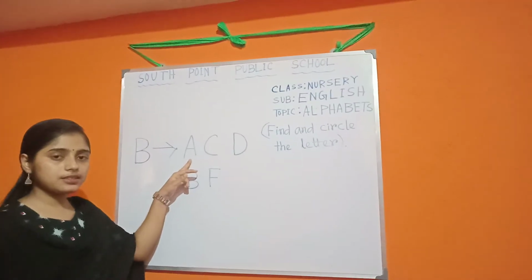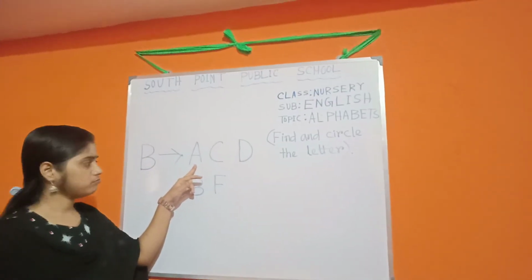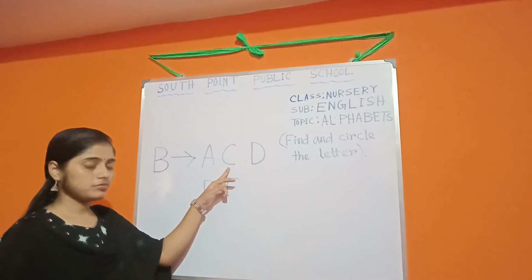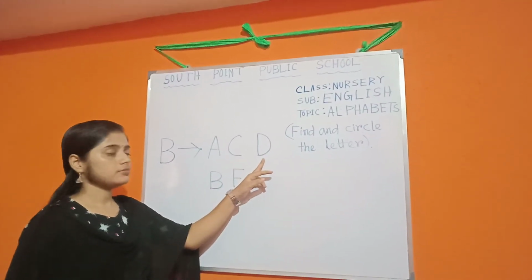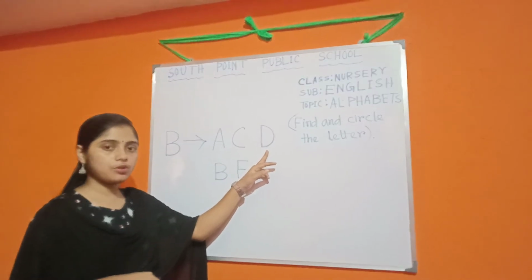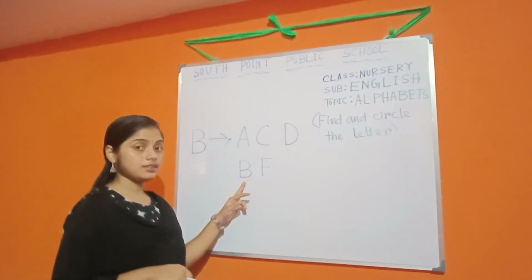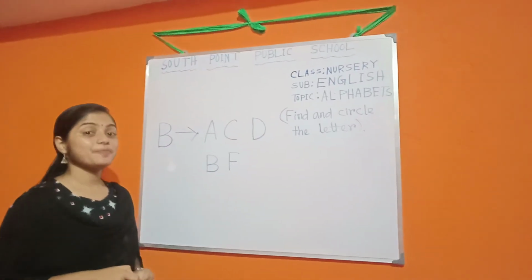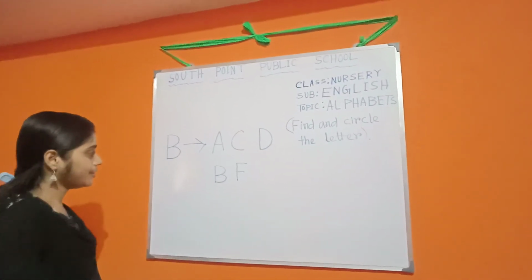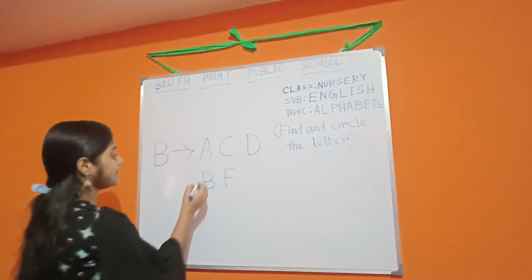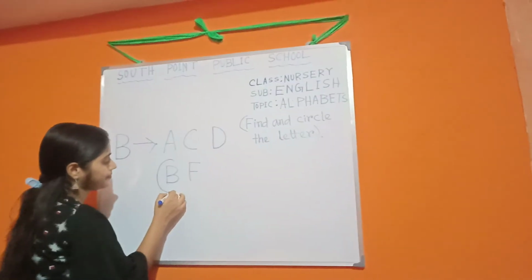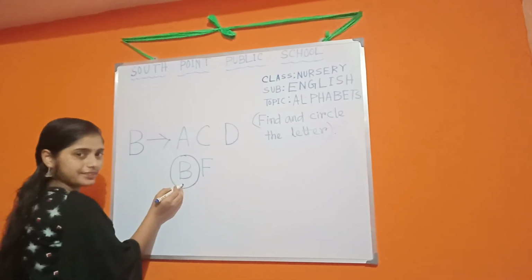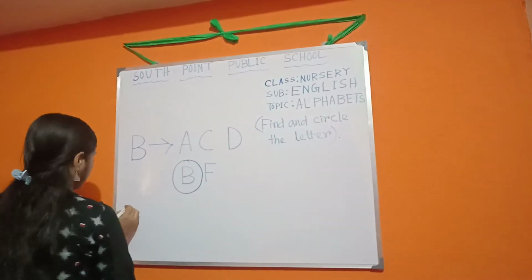Which letter is this? Is it B? No. Is it? No. Is it? No. Is it? Yes, it is B. Now you have to circle this letter. It is B. Okay? Next.